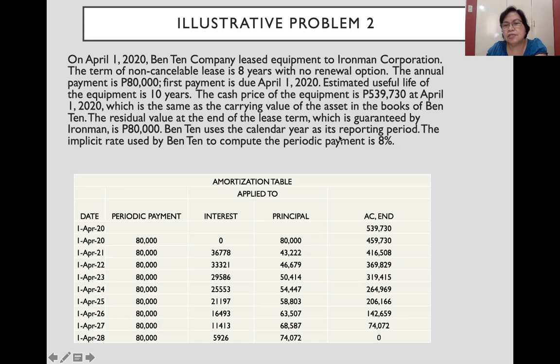Benton uses the calendar year as its reporting period, therefore its year end is December 31. The implicit rate used by Benton to compute the periodic payment is 8%.